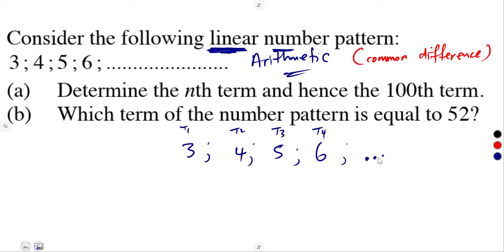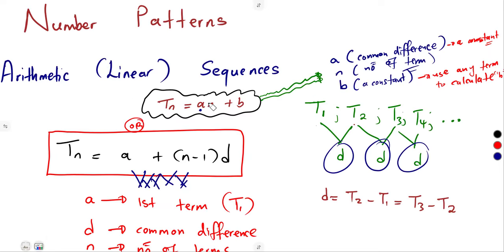We are told: A, determine the nth term, and hence T110. All right, let's start with the nth term. The nth term is the indication of our Tn.